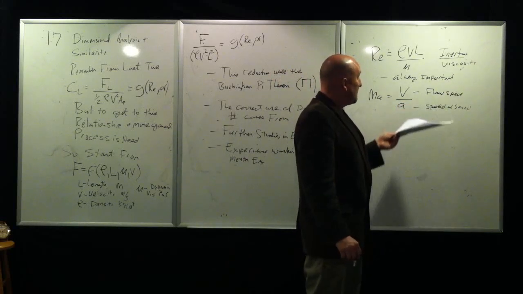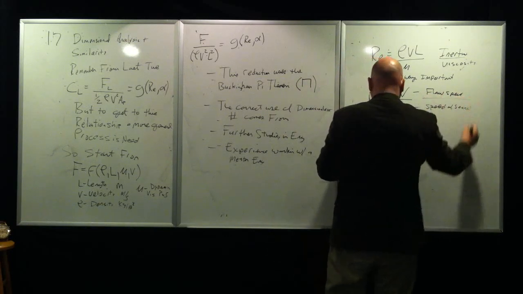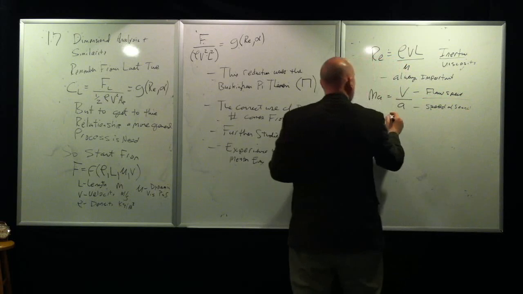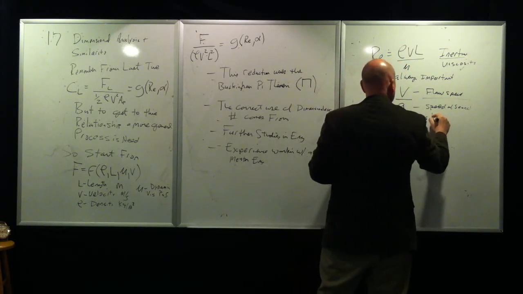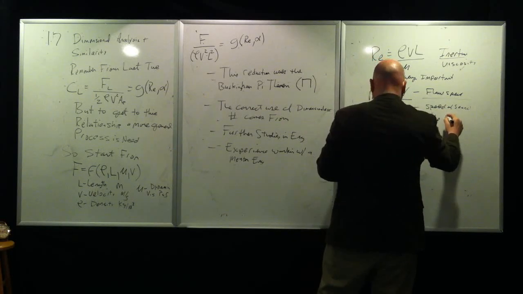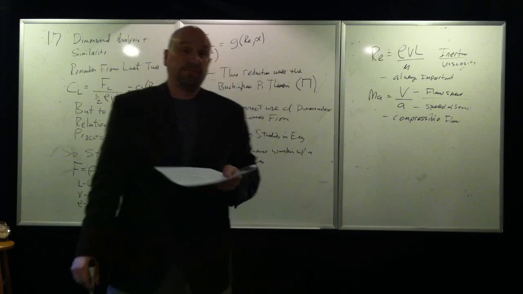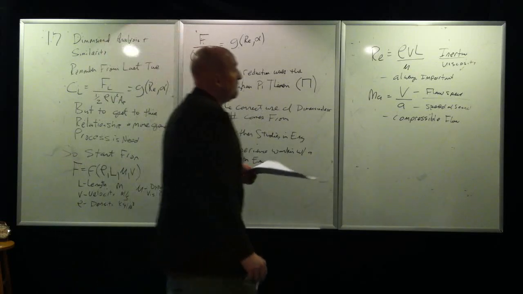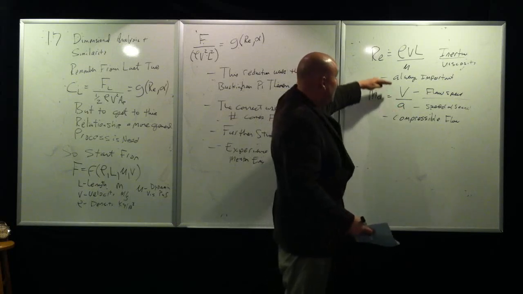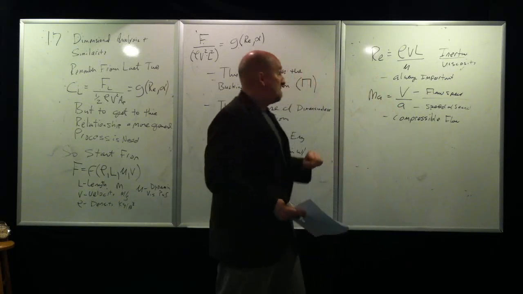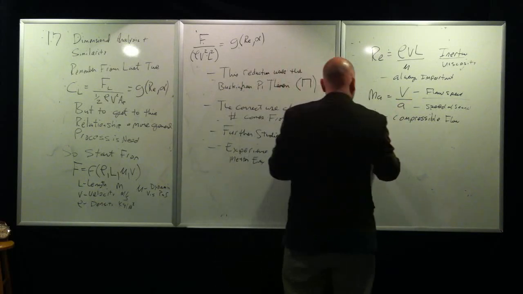So flow speed divided by the speed of sound. This is important when your fluid is going to be compressible. Air is very highly compressible. So Mach number is going to be important when you get to very, very fast velocities compared to the speed of sound. Last is the Froude number.